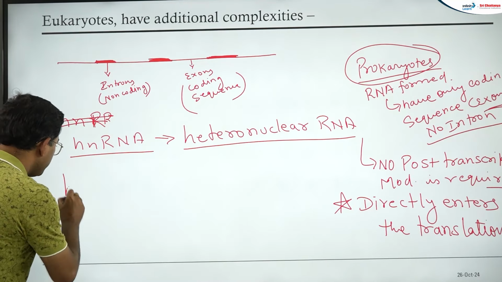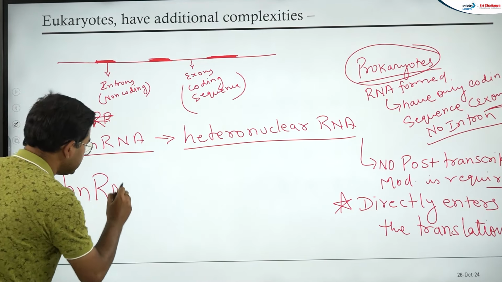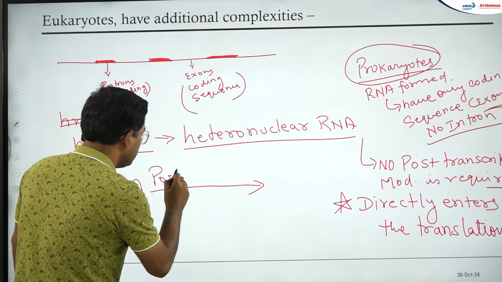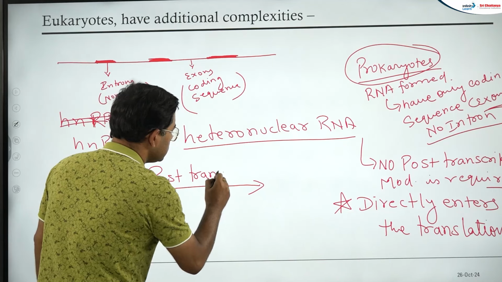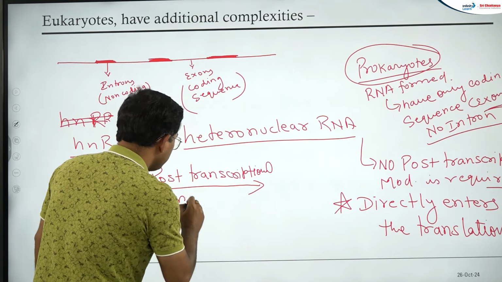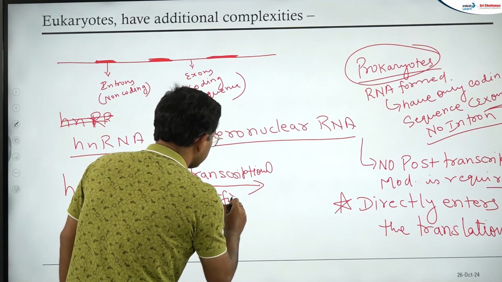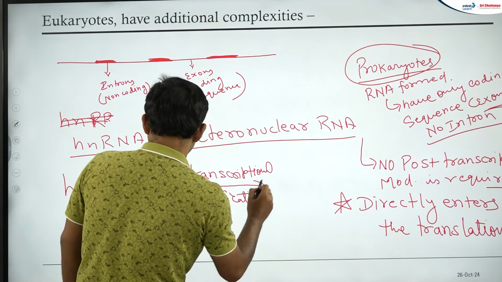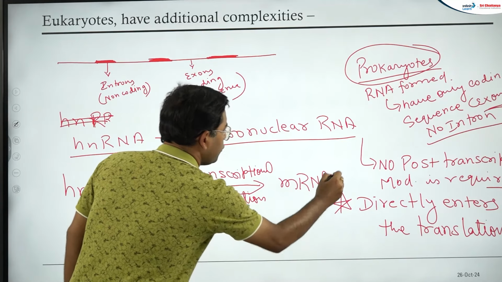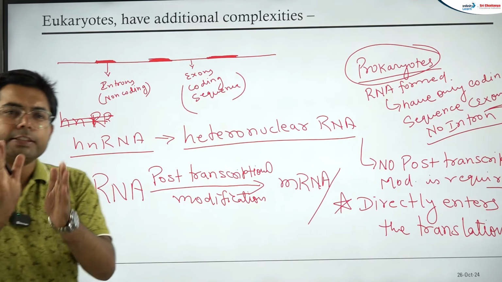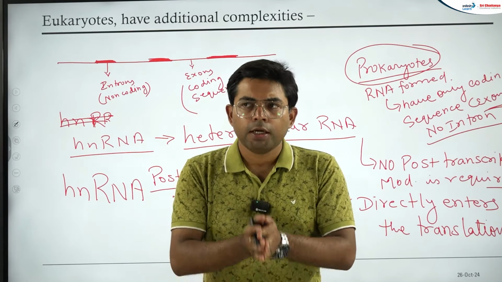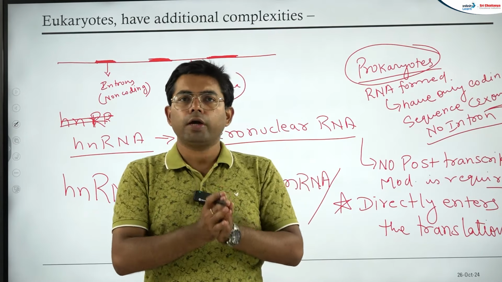So I can write it like this: hnRNA will undergo post-transcriptional modification to form mRNA. From here we can clearly see the difference in the product of transcription in prokaryotes and eukaryotes.